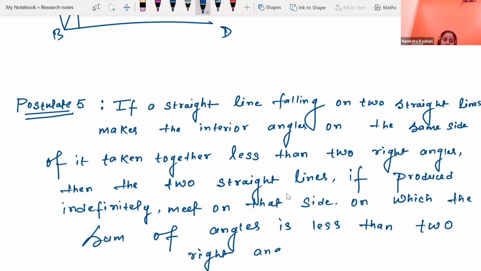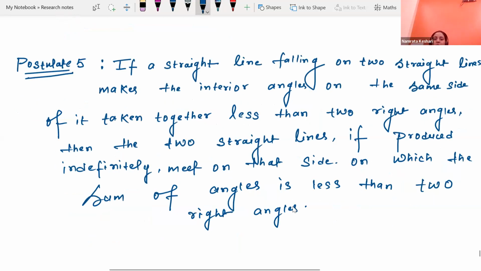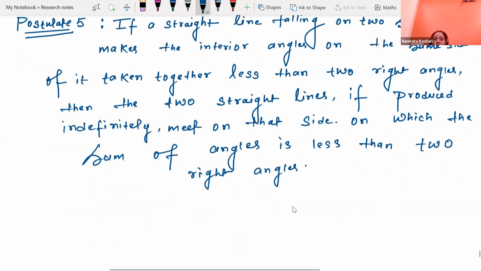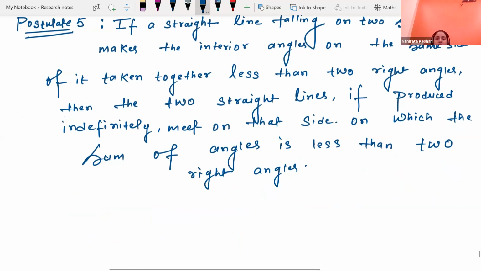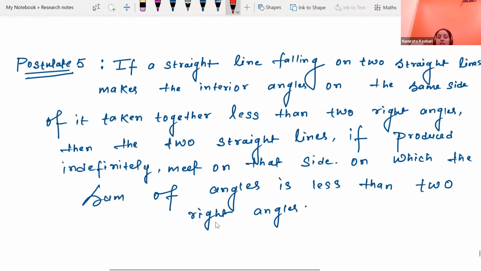Okay, you can see it's huge. But first you need to understand it. Let's try understanding what this statement says. I'm reading it from the very beginning. If a straight line, let's draw a straight line.